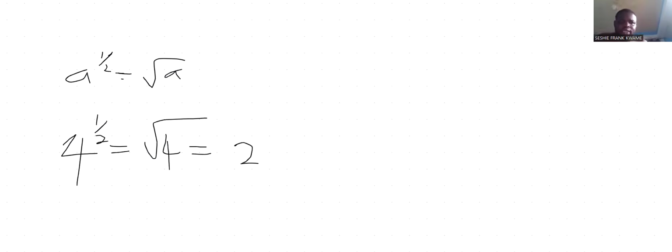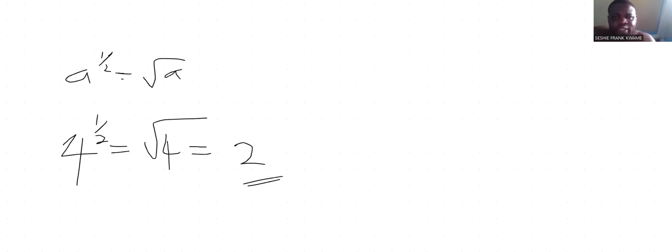And I'm rushing because these are just laws and properties. Then if you have fractional powers, they are roots. If you have A to the power half, understand that it means you are looking at the square root of A. If you have 4 to the power half, it means I'm asking you for the root of 4, which is 2. So fractional powers are roots.